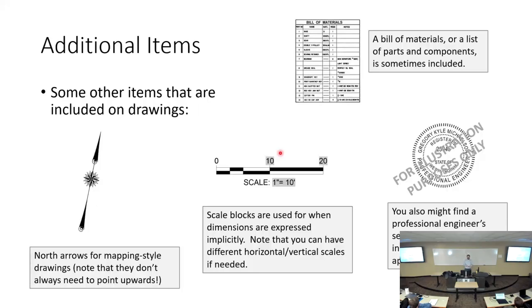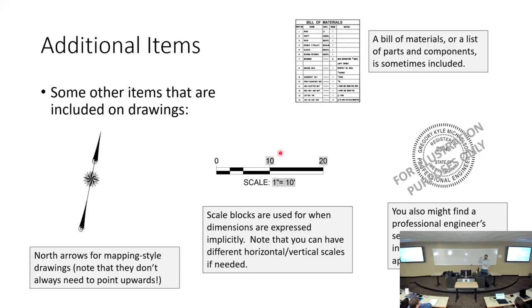Scale blocks are sometimes used. Sometimes you'll have a scale block. Sometimes the info will just be on the title block. And you can have different scales horizontally and vertically. That's a pretty civil engineering aspect though. Sometimes you'll see a bill of materials. Going back to the table, it might be: we need 1 tabletop, 4 legs, 12 screws, 4 bracket plates, what have you.